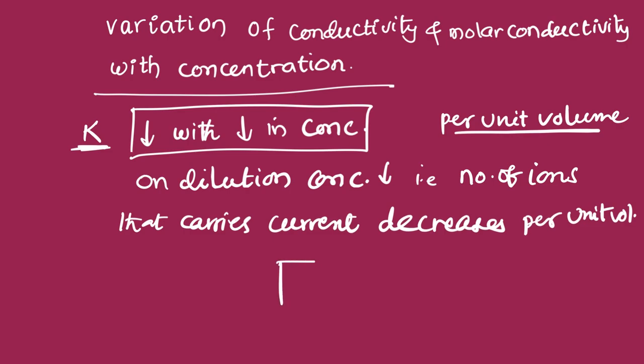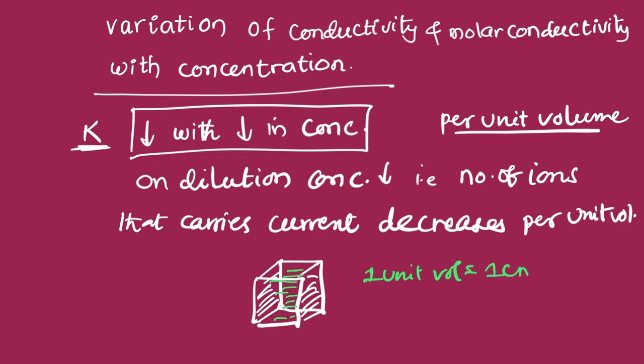Reason. Now, for example, this is 1 unit volume. This is an electrode. Whatever electrolyte is present inside is completely 1 unit volume, that is nothing but 1 centimeter cube or 1 meter cube.